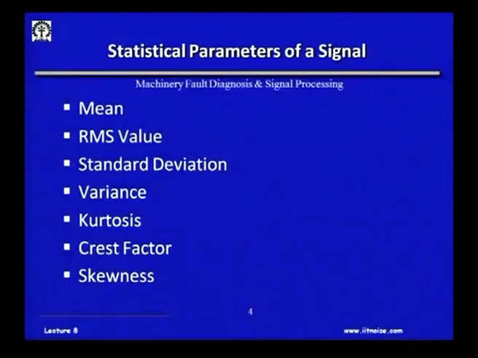Features could be these like the mean, RMS, standard deviation, variance, kurtosis, crest factor, skewness. Skewness is another parameter in which whether the signal is lopsided to one side or other. Like you talk in statistics about skewed data, whether the data is biased towards one side. Okay. Whether we should have skewed data or not is something which we need to see.